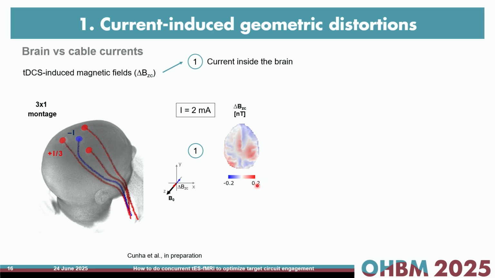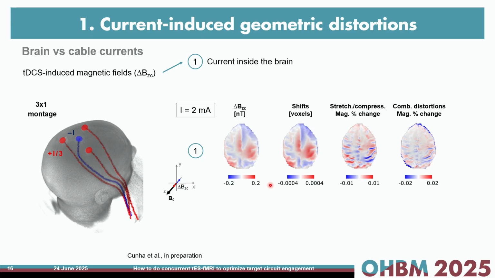So we are at 2.2 nanotesla, which is 10 to 10,000 times smaller than the field inhomogeneities that we expect in the frontal sinuses, for example. And because we know the theory of EPI image generation, we can predict the distortions that they would induce. And they have two components, so they induce shifts in voxels, which is what I just explained to you.